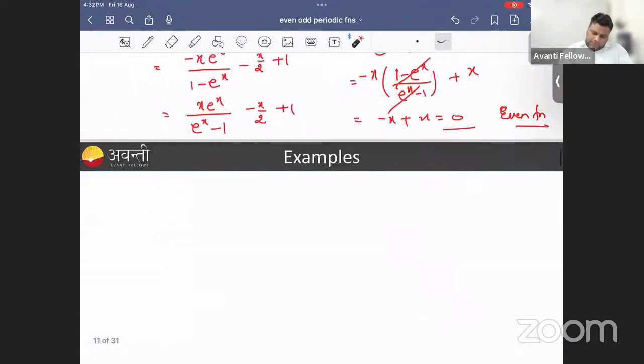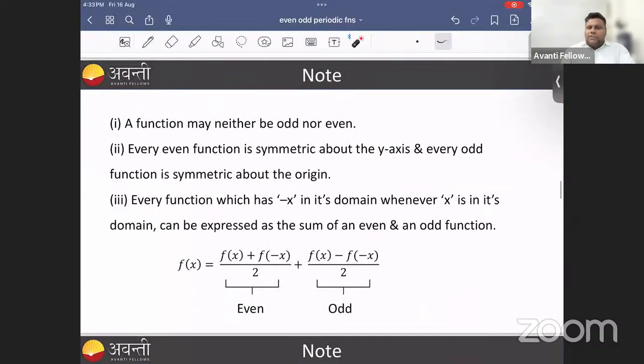Now, see, something about even and odd functions, something really important. The first point is what I have already told you. A function may be neither even nor odd. Like 1-1, you know, every function has to be either 1-1 or many-1. It is not like a function is neither 1-1 nor many-1, or both. But here, a function can be even, can be odd, can be neither even nor odd.